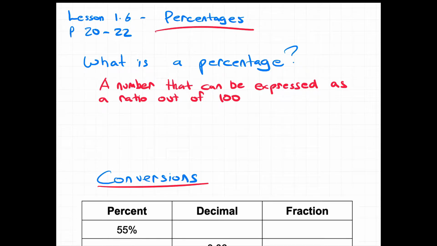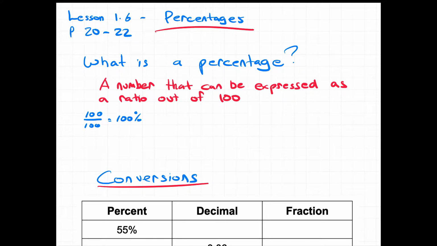This is lesson 1.6 and we're going to be looking at percentages. So what is a percentage? Well, it is a number that can be expressed as a ratio out of 100. So a ratio is another word for a fraction. So if you wrote a test and you got 100 out of 100, you have 100%.